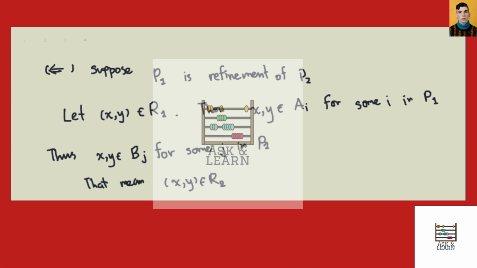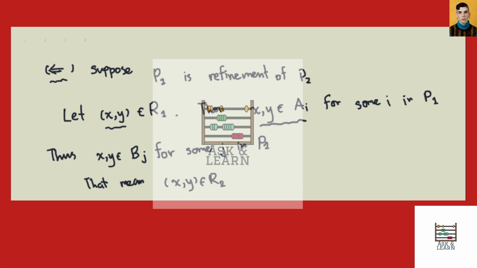Next, the other direction. We suppose P1 is a refinement of P2. Now let's consider any pair x, y in the relation R1. Since x and y are related, they are in the same equivalence class, which is essentially some Ai in the first partition.